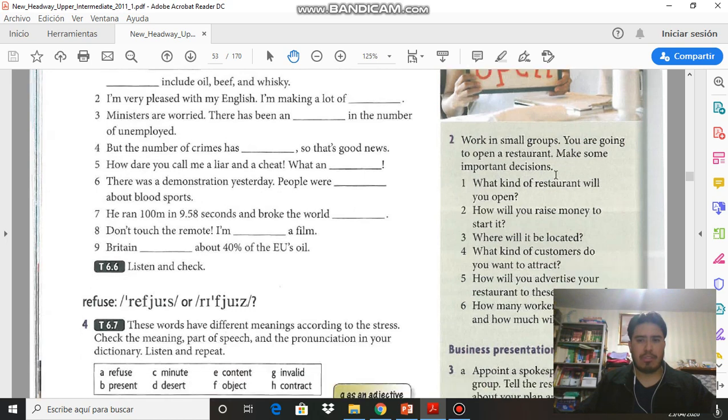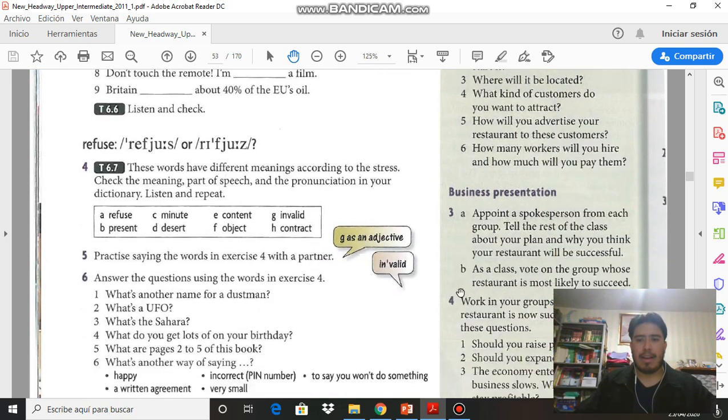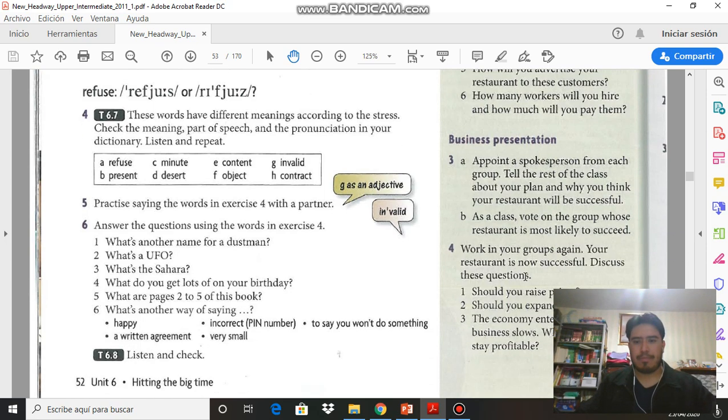Then we're going to be discussing in small groups like a strategic plan in order to start a business, a restaurant business. And a representative from each team is going to present like the plan that you have designed.